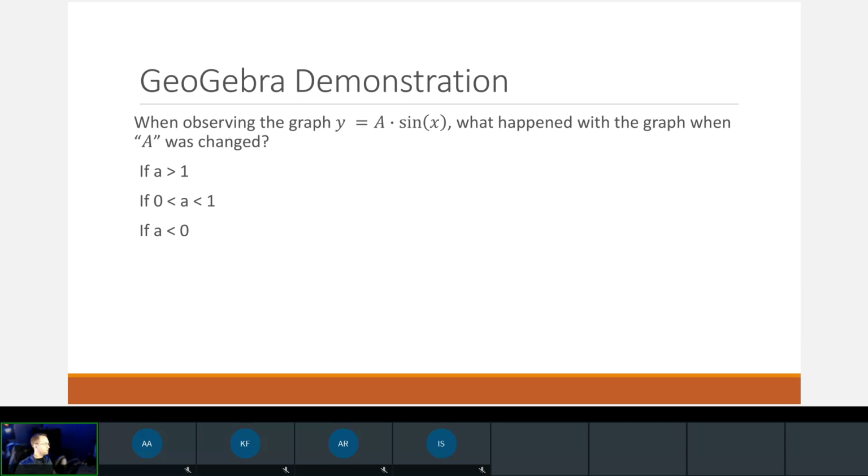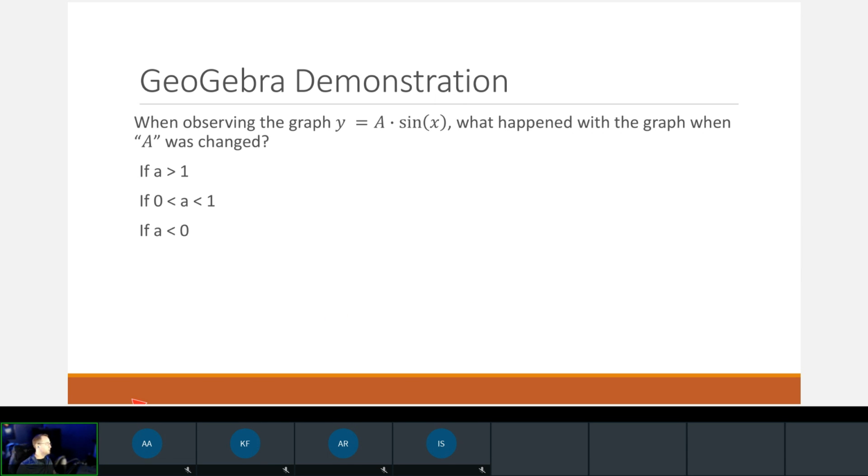Oh, one thing right here, if A is less than 0, so if you have just a negative coefficient, all it does is, take a guess. What do you think it does? Yep, it just flips. Well, not over the y-axis. I believe it flips over the x-axis. Let's see. If I change that value to a negative in front, I'm not going to share my screen.